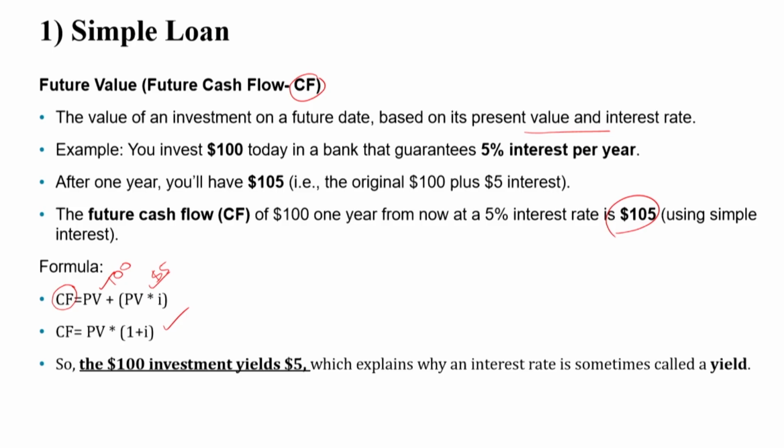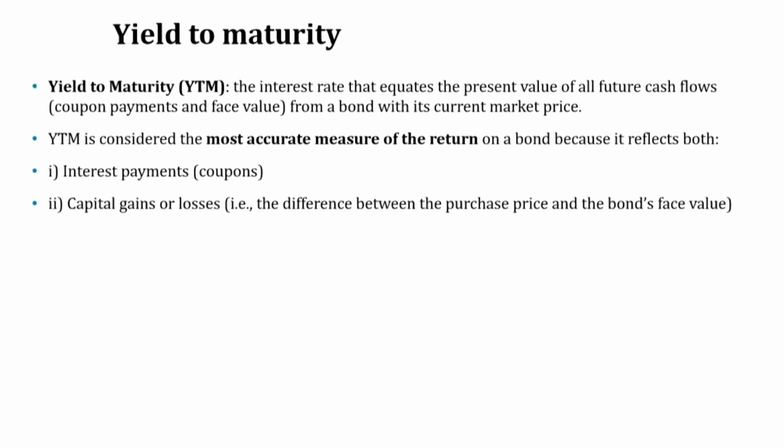That is the reason rate of interest is sometimes better understood by calling it yield or yield to maturity. Because I said that when you invest 100, you are going to get 105, that 105 is the yield to maturity.